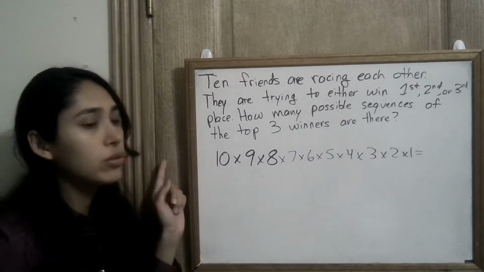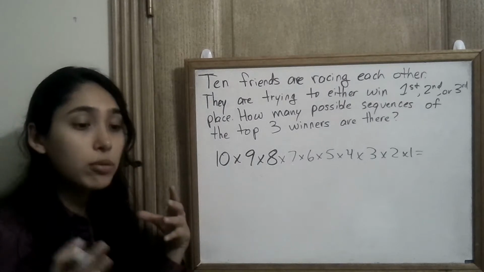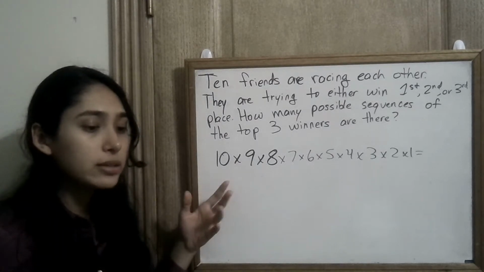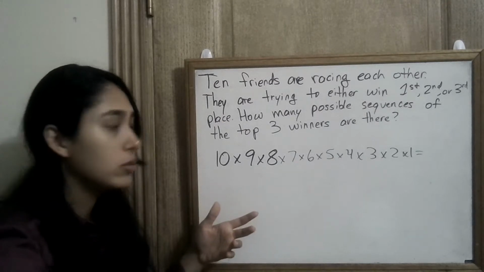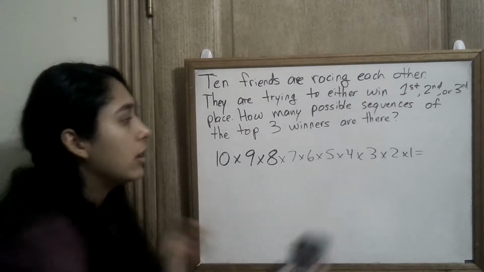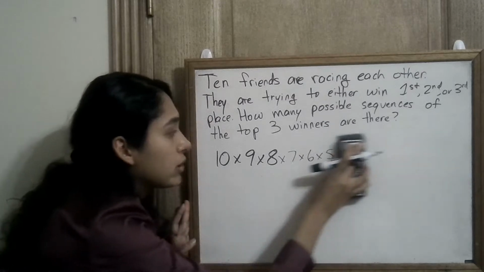But the question only cares about the people who are first, second, and third place. So that's actually going to be less sequences that are available. So how do I do this? I go from top to bottom.